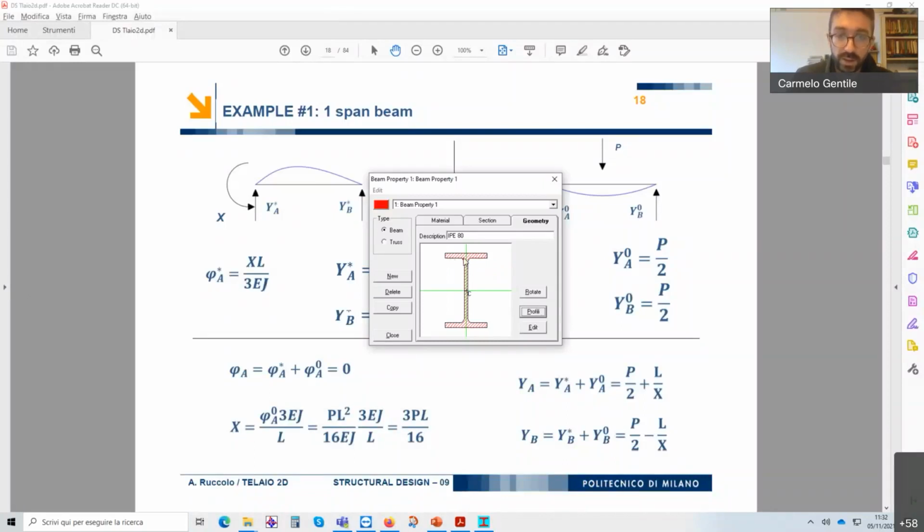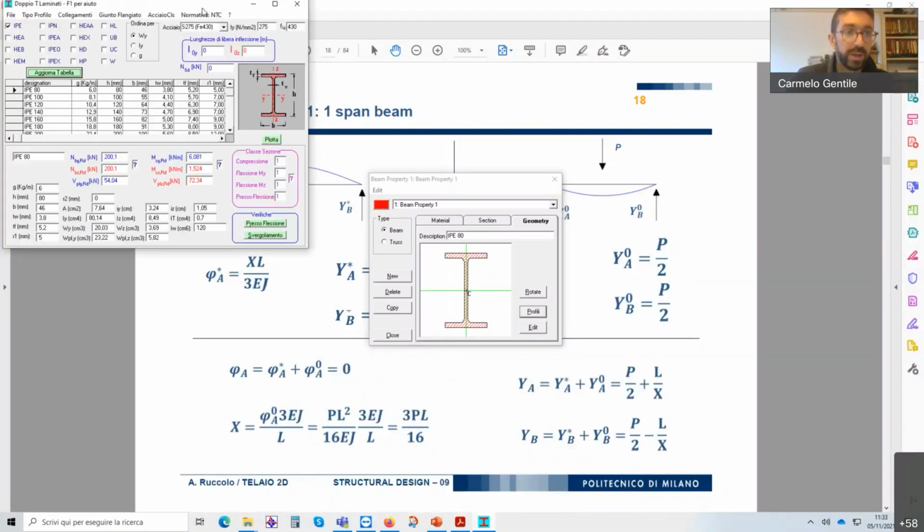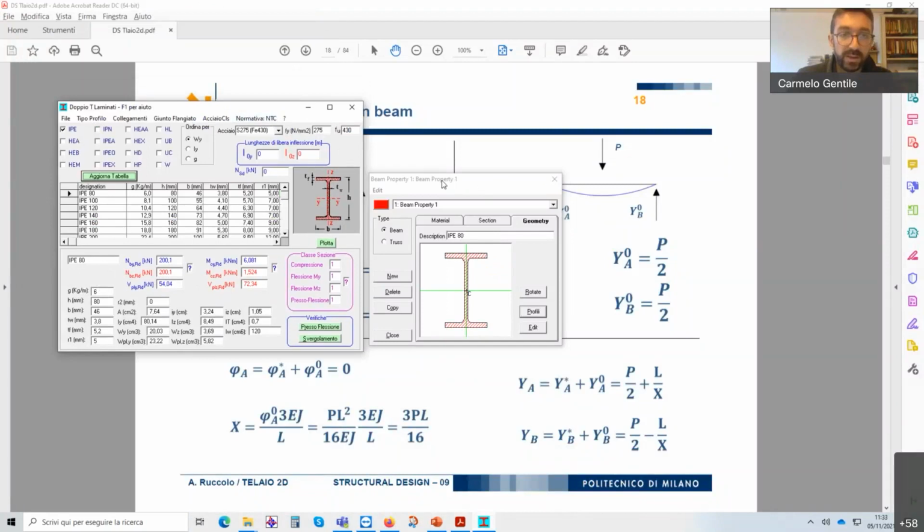So here are the dimensions, the drawing of an IPE80 cross-section. What you cannot see is that another window has appeared, but it's behind. So we magnify it.